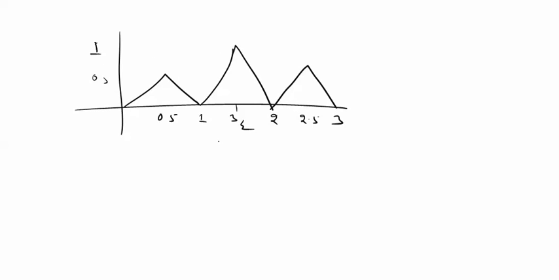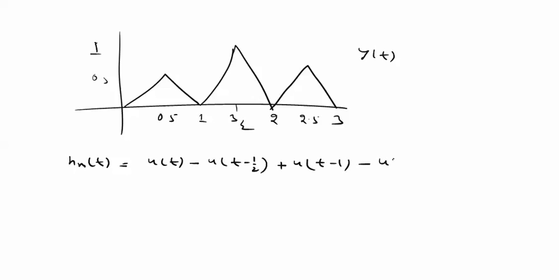This is our final answer output. How does it come? h_m(t) is u(t) minus u(t minus half) plus u(t minus 1) minus u(t minus 3 by 2).